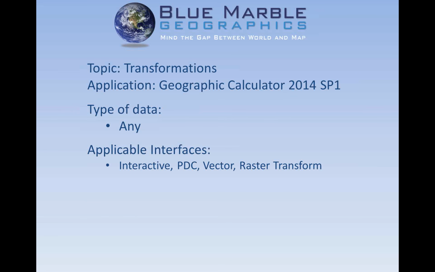So where transformations take place is on every single interface in the Geographic Calculator. We're going to take a look at some examples on the interactive panel, just because it's a nice simple place to work. But this does apply everywhere throughout the Geographic Calculator.